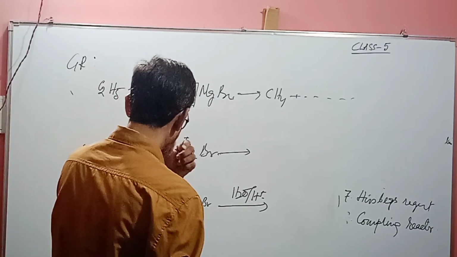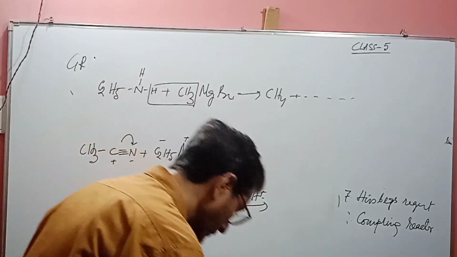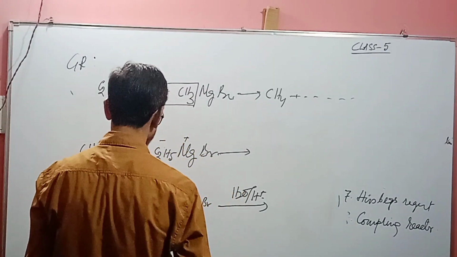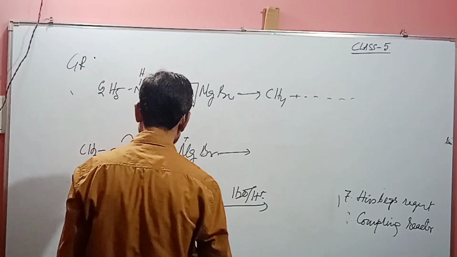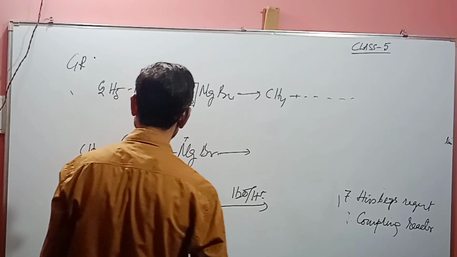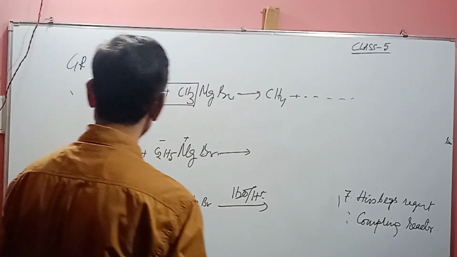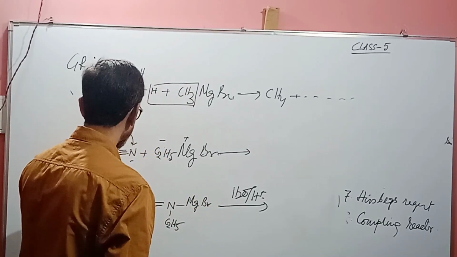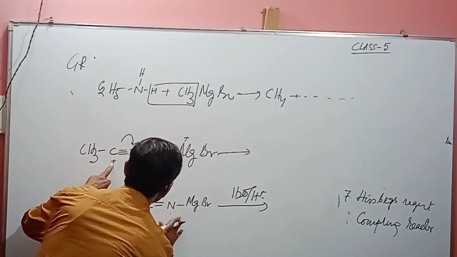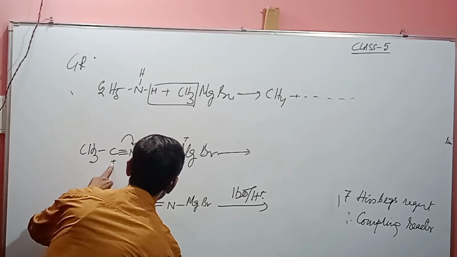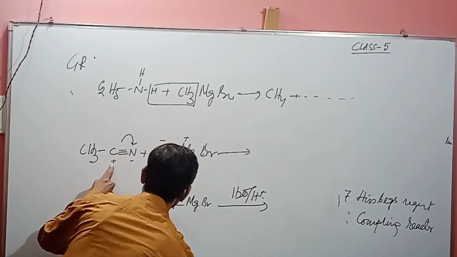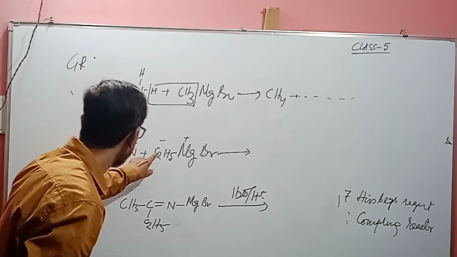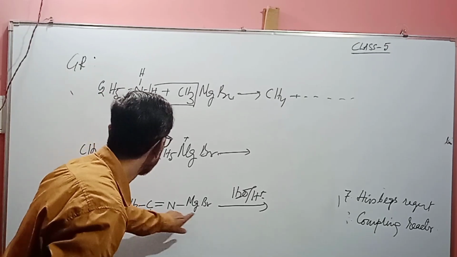The mechanism is hard, but we will get CH3, C is plus, the negative part comes here, and MgBr.